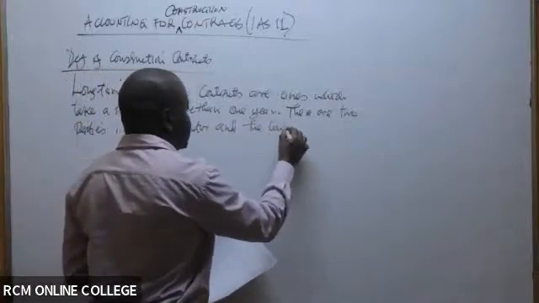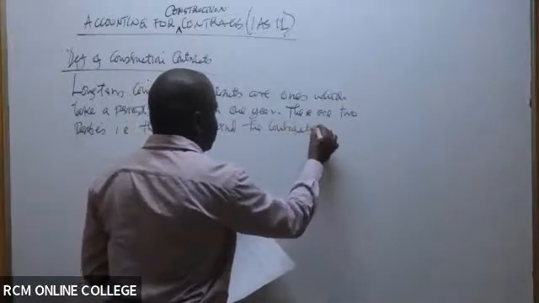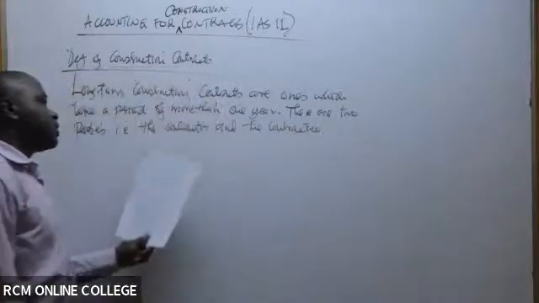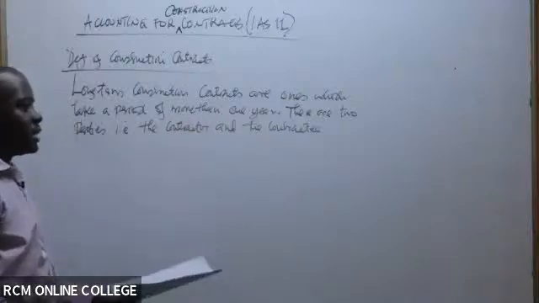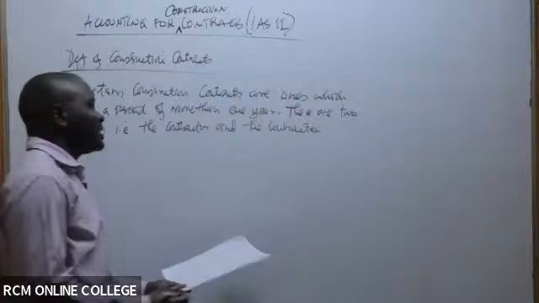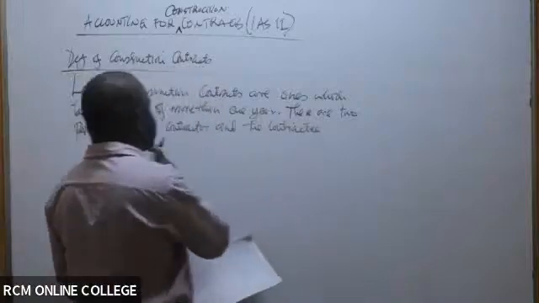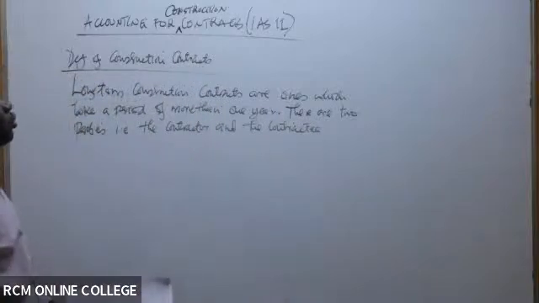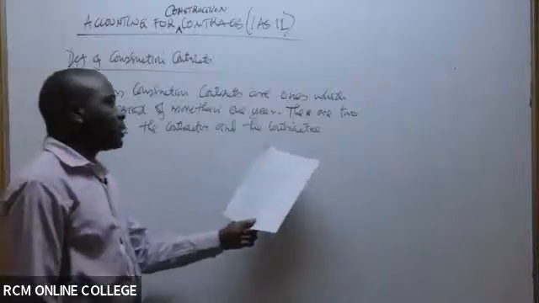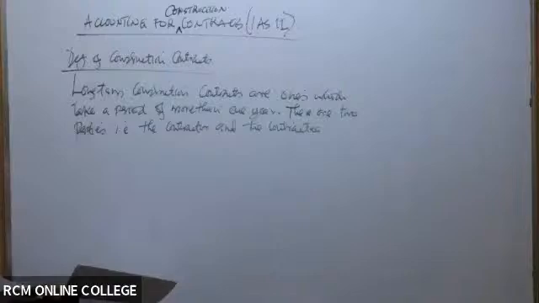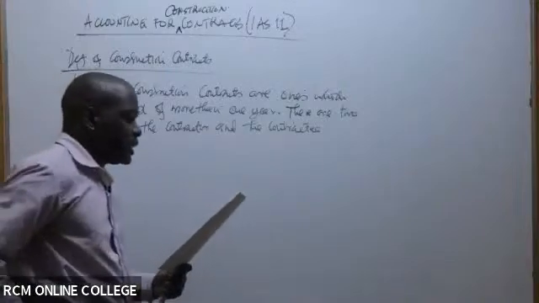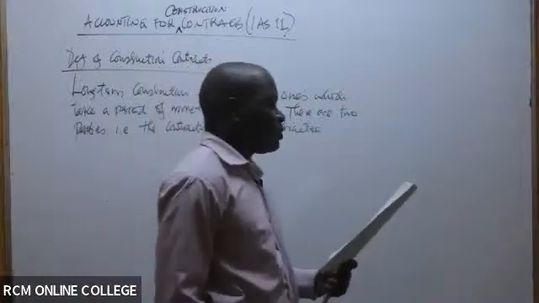The contractor is the one who's undertaking the construction of the long-term projects. The contractee is the client, whom the contractor is serving. So maybe the contractee has called upon the contractor to construct a road or a building. So there are two parties here, the contractor and the contractee.